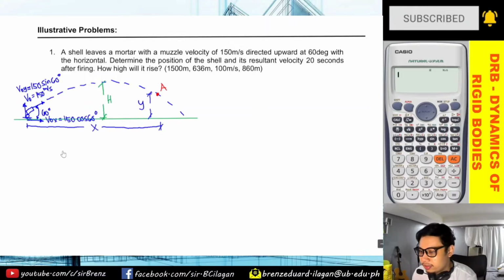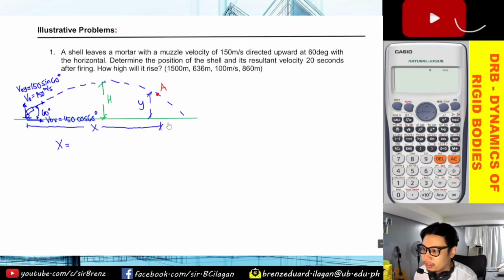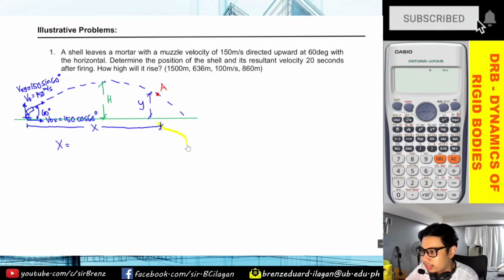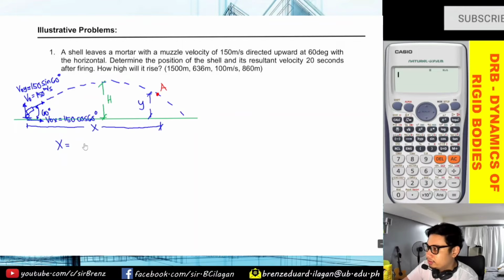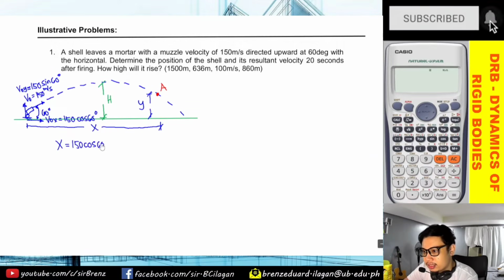Okay, so to solve for x, again, ang velocity niya, pagdating niya dito sa point na to, napalabis pala ako dito. Hindi, tama pala. Nandito nga pala siya. So, velocity niya all throughout sa trajectory mo is equals lang yung x component niya. So, that will be 150 cosine 60 and then multiply by the time, which is 20 seconds.